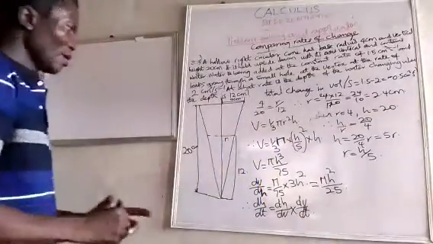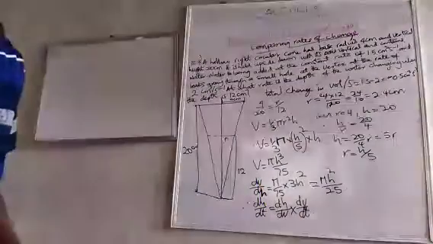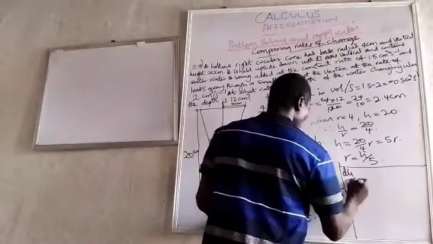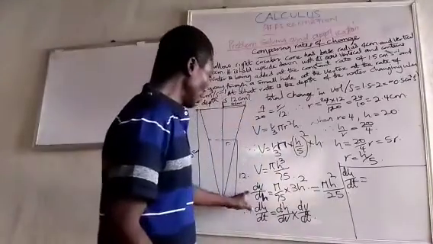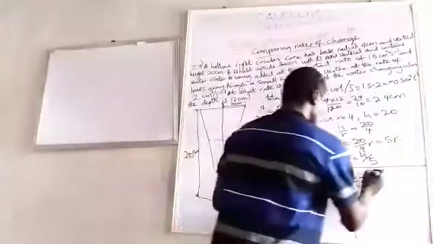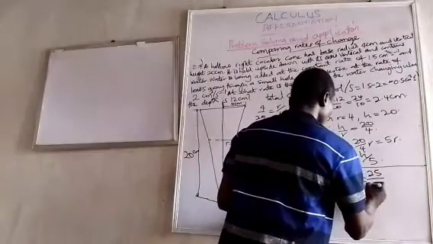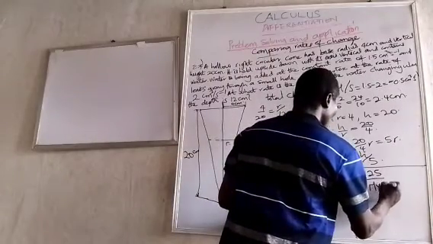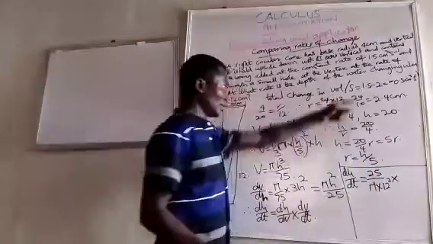You can see, very easy and straightforward. So dh/dt is equal to 1 over dv/dh. So dh/dv is 25 over pi times 12 squared. What is dv/dt? Minus 0.5.